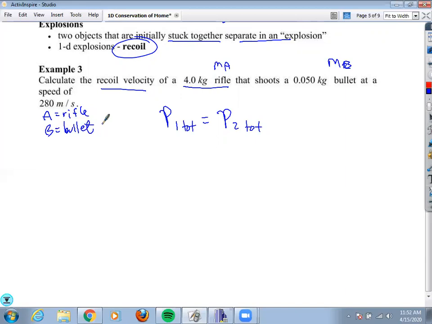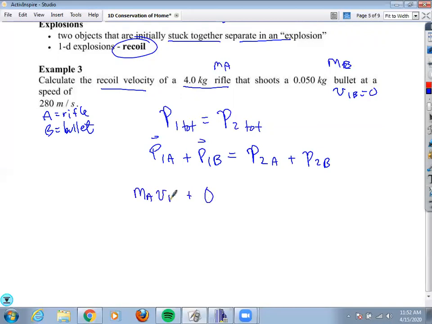So we will have P1A plus P1B equals P2A plus P2B.